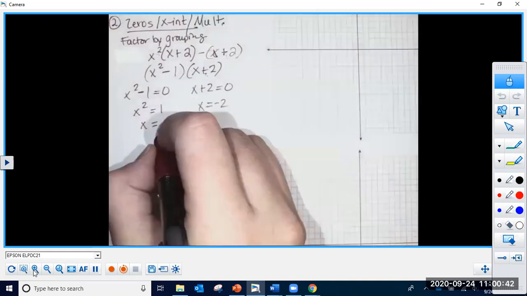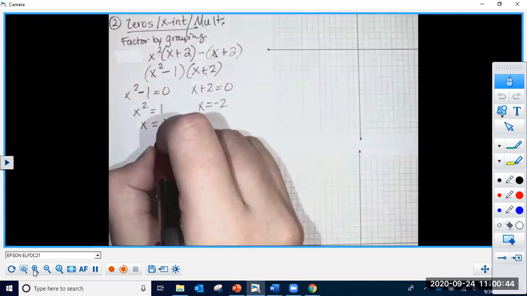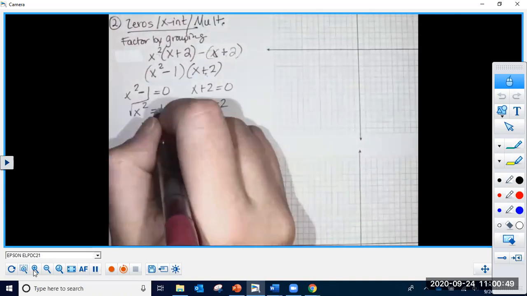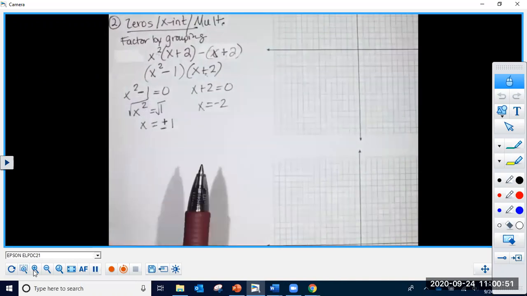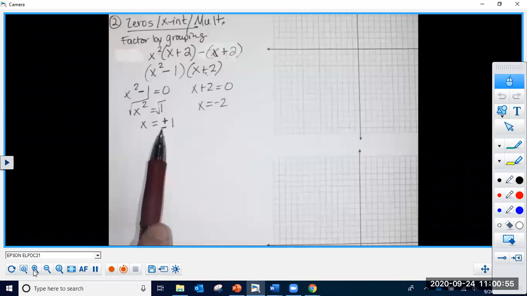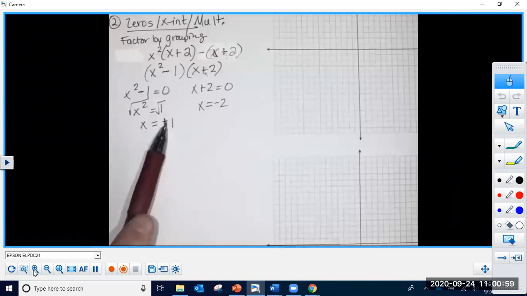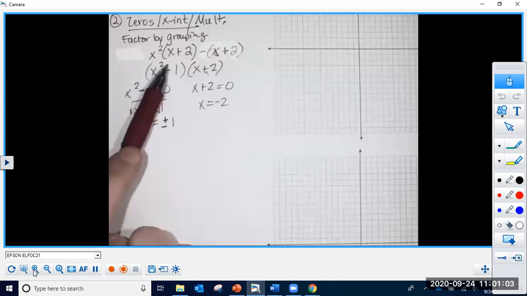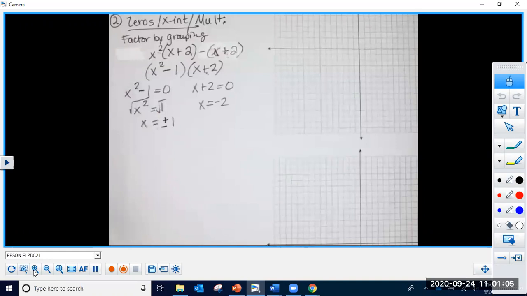Good. So you're going to have plus or minus 1 when we take the square root of both sides. So you actually have 2 x-intercepts. And another dead giveaway that you have 2 x-intercepts from this is that x was squared.